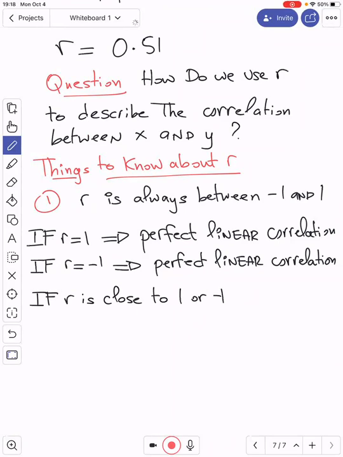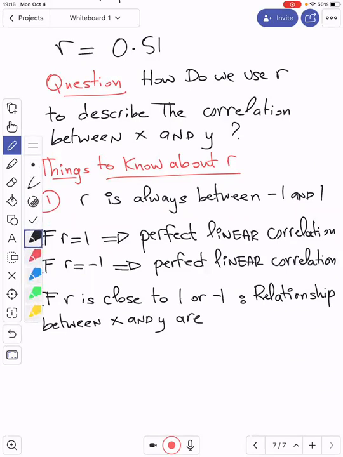It's not exactly linear, not a perfect linear correlation, but close to linear.